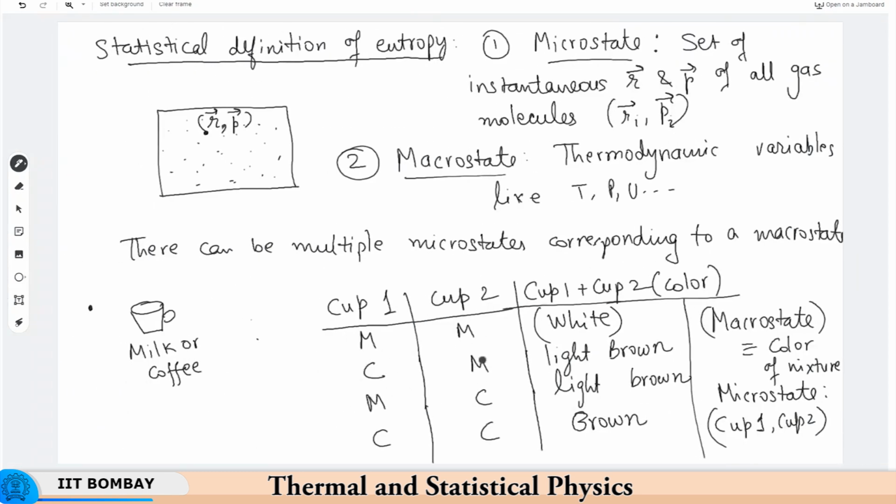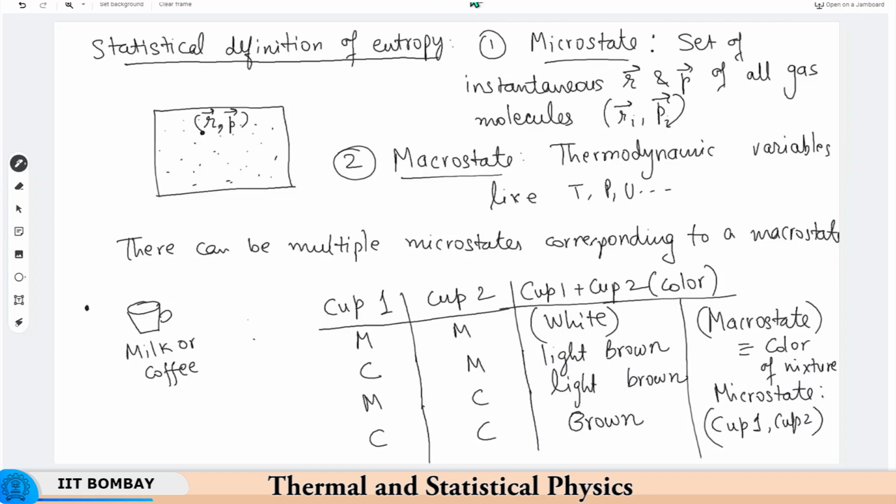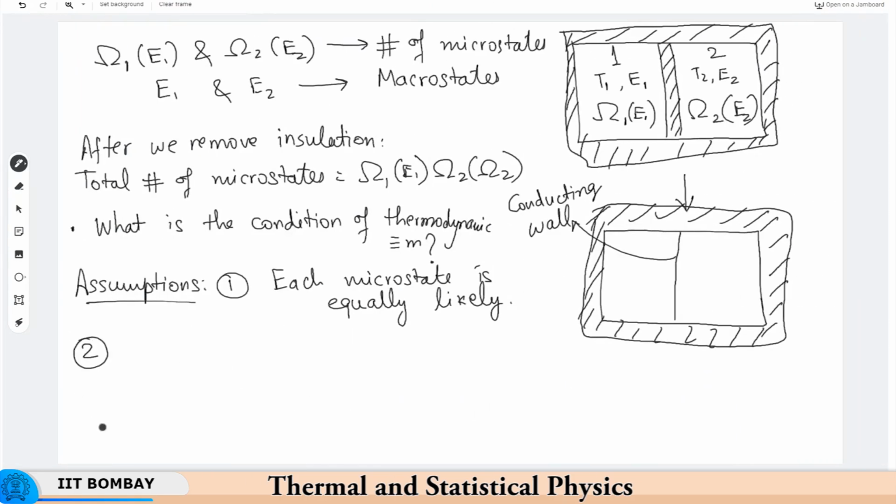The probability of picking cup 1 with coffee and cup 2 with milk is equal to the probability of picking cup 1 which contains milk and cup 2 which also contains milk, right. So, all these possibilities have equal probability, all right. So, that is the first assumption.